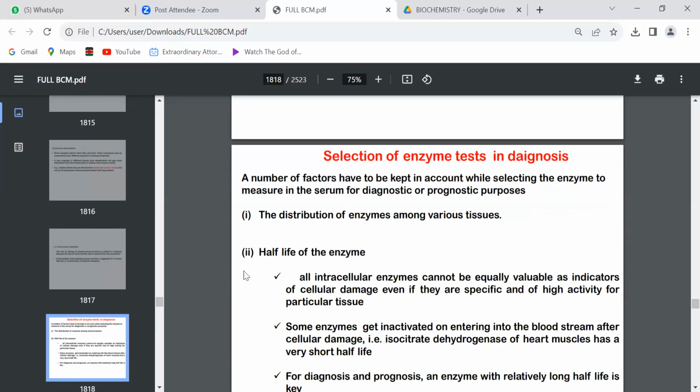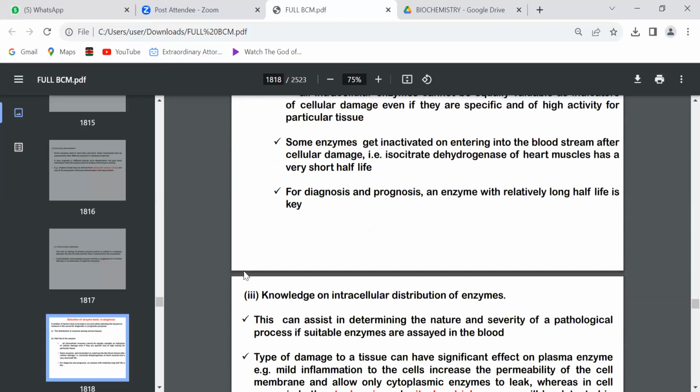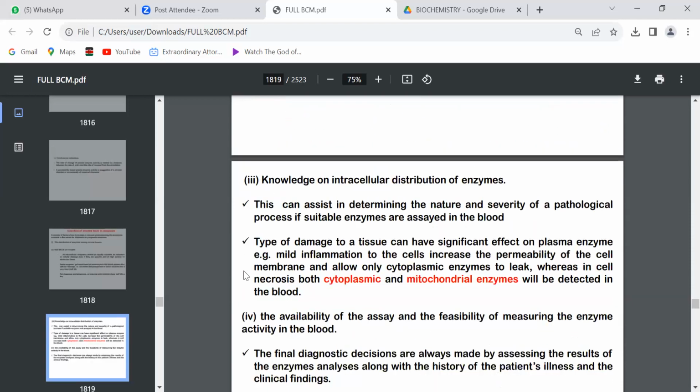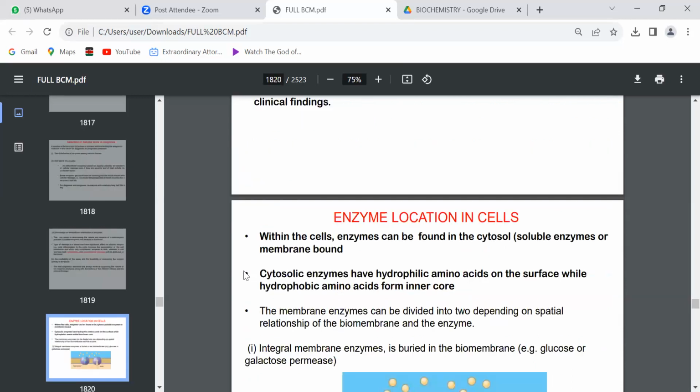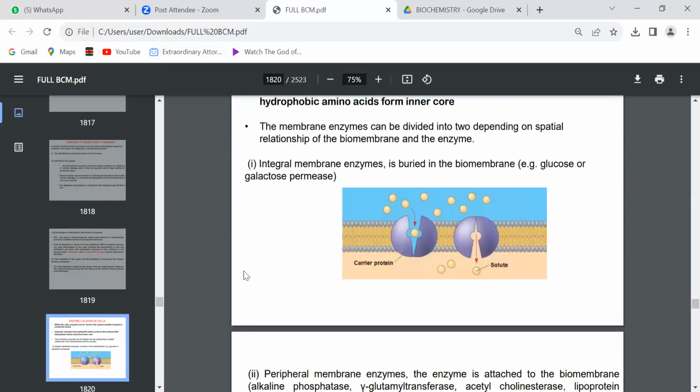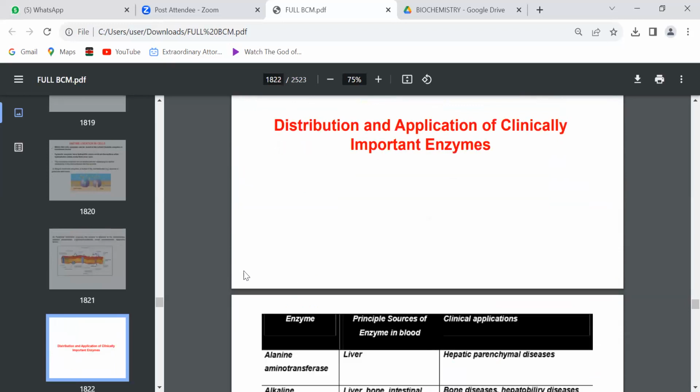And then also, of course, understand the distribution of that enzyme in the various tissues. You need to understand which tissues and cells the enzyme is found in, so that when you're measuring the concentration, you can figure out where the problem is. So you need to look at the distribution of different enzymes in different tissues, so that you can clinically apply what we are saying.